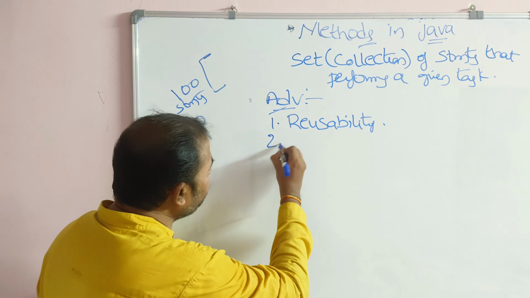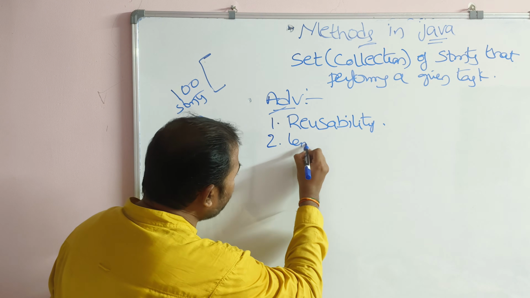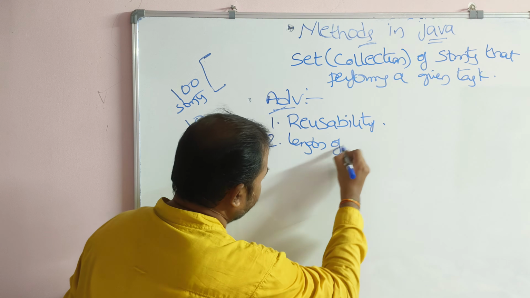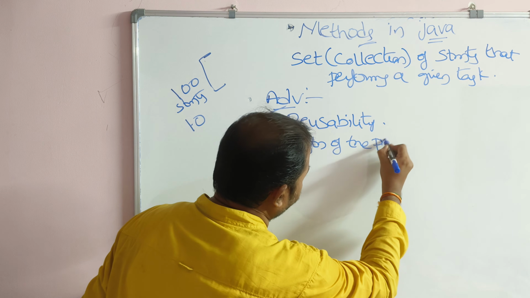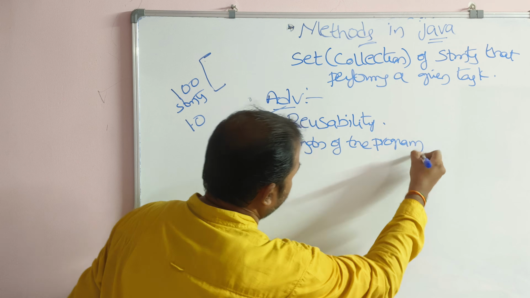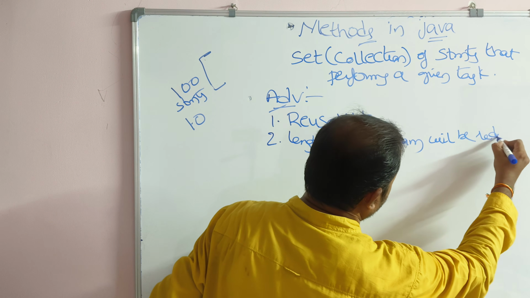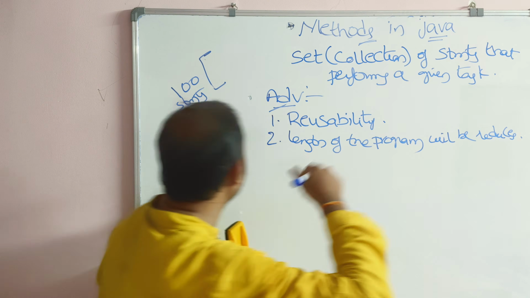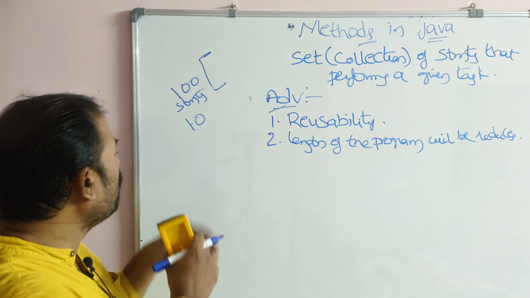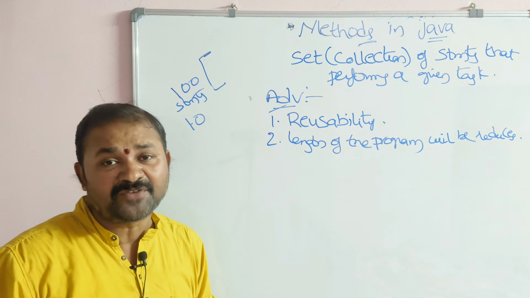And the second benefit is that the length of the program will be reduced. If we don't use methods, then what will happen?